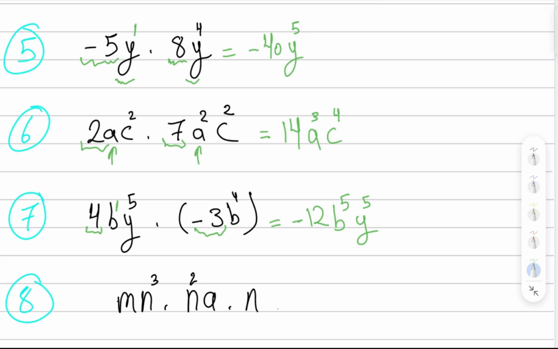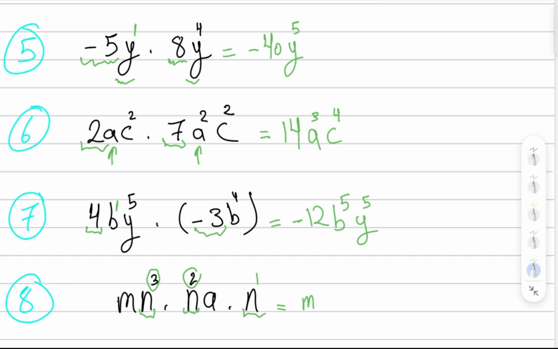The last example. The m here, we don't have it except in the first term, so we can't simplify it more than that. The n, let's multiply the n. In the first term, we have n to the power 3 times n to the power 2 times n, and here as we said it's to the power 1.